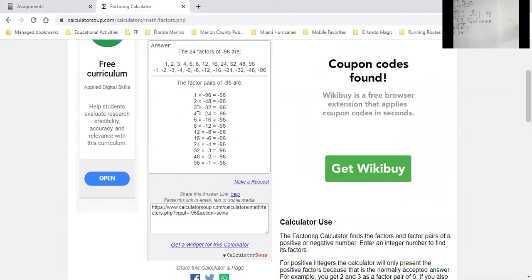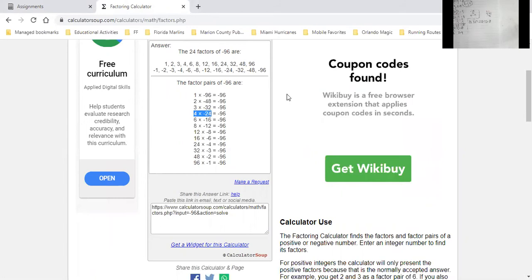And remember, for every combination, there's an opposite combination. In other words, if I have 96 times negative 1, I also have to do positive 1 times negative 96, so it switches around. And just be careful. Remember, we're looking for the numbers that will add and give me a negative 20. So see, 24 minus 4 gives me positive 20. I don't want positive, I need the negative, so I have to use this combination right here.